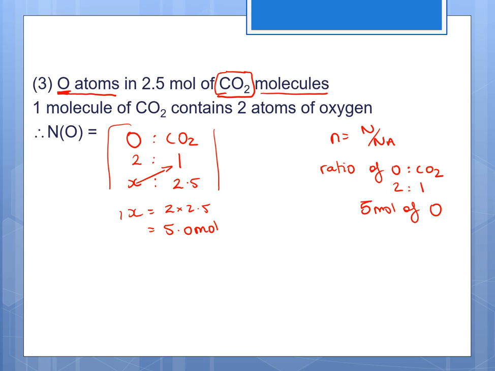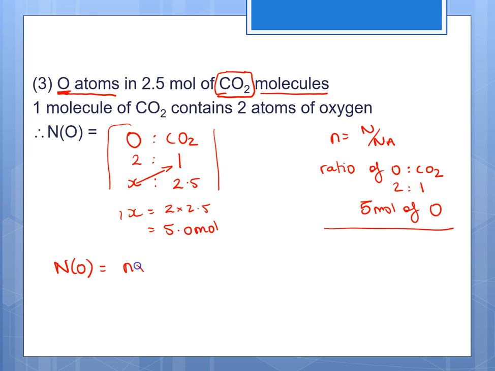It doesn't matter which way you do it. If you can do it by inspection, by just seeing the ratio, or if you set out this grid, all you need to be able to do is mathematically determine how many mole of oxygen we would be getting from each CO2 molecule.